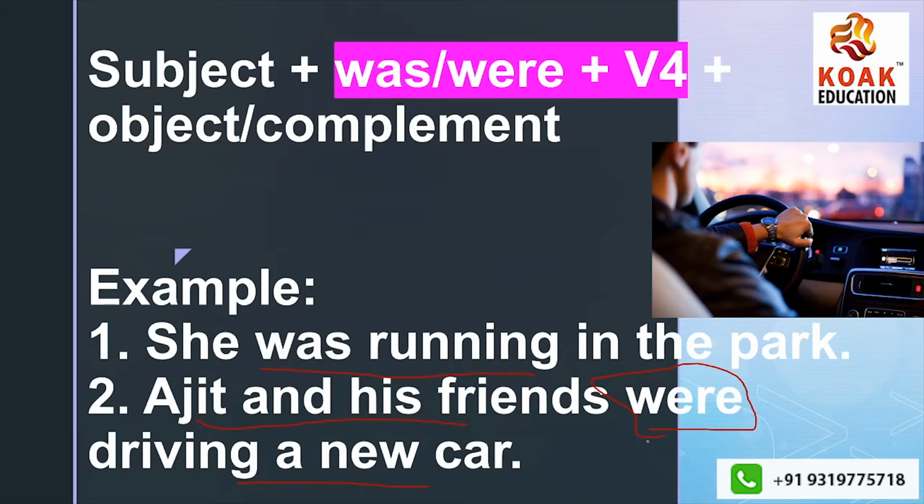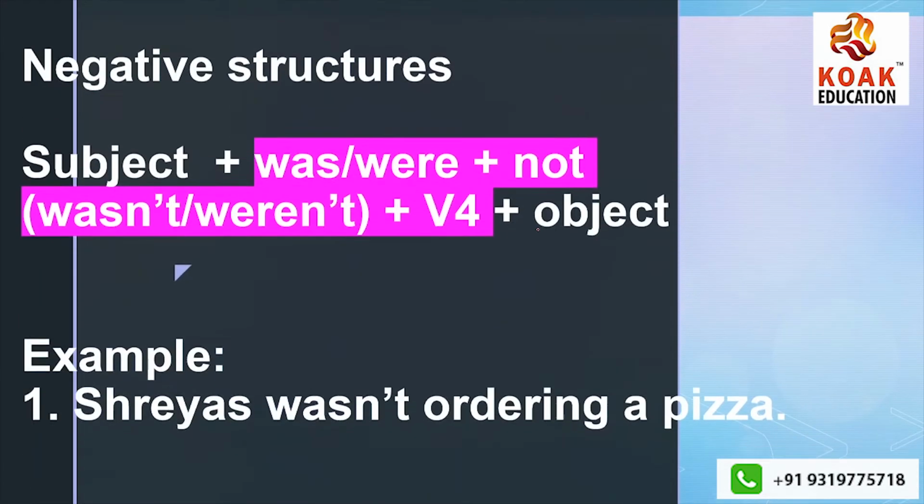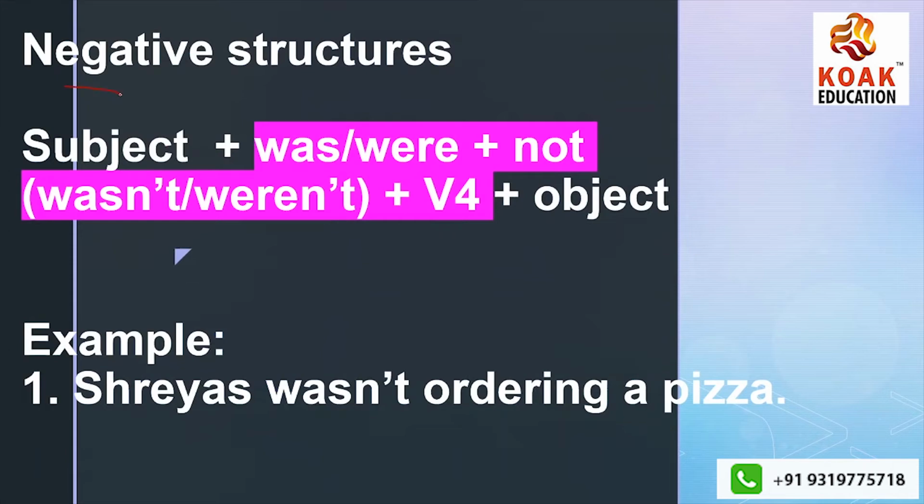Now, moving ahead, this is clear to us that was and were plus ing, the fourth form of verb, is the exact pattern for us. Next come negative structures. We have been doing this concept of negative structures for every tense that we did so far, and I want you to understand it here as well.